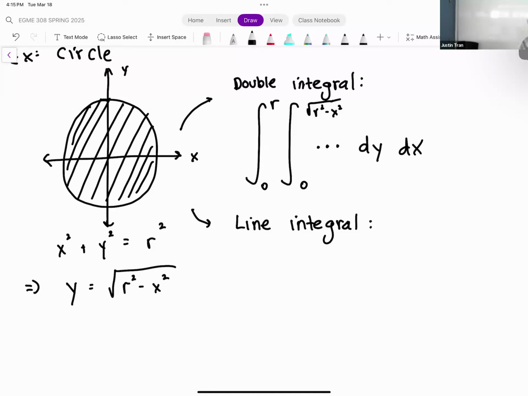Because with the line integral, you can have just one parameterized curve that goes around the exterior of the circle. So there's no need to break it off like there was in the square, because there are no sharp points.